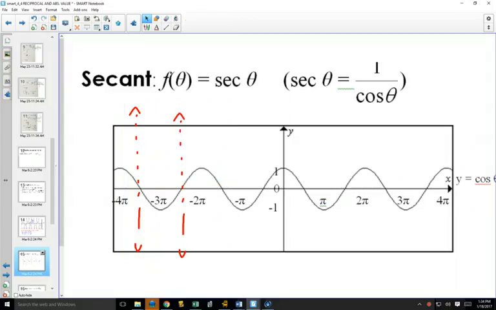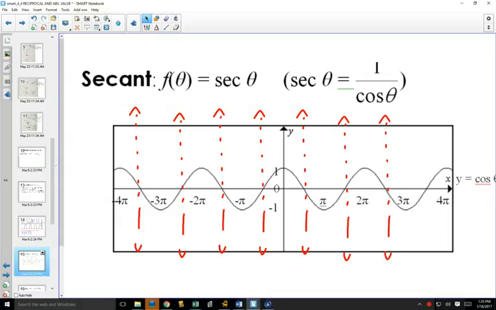Cos is already pre-drawn here for us. Draw all of our asymptotes wherever we have x-intercepts. And label them.